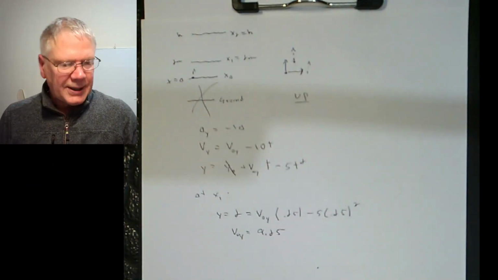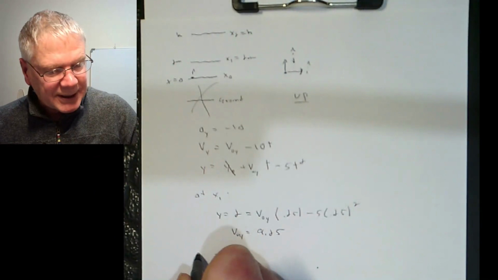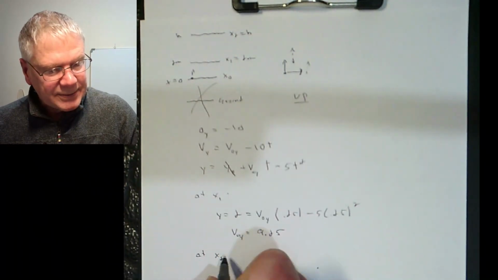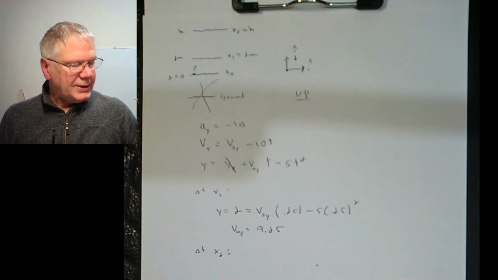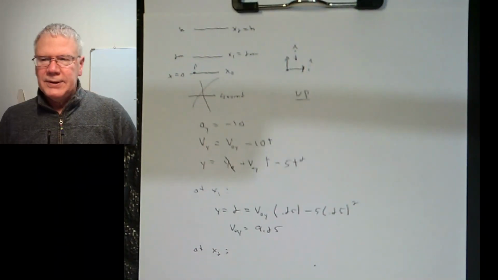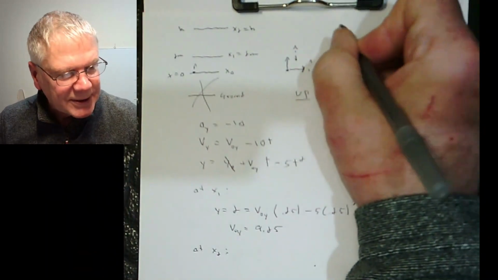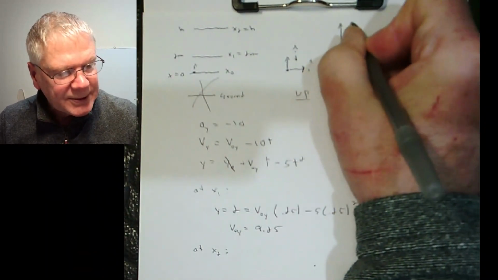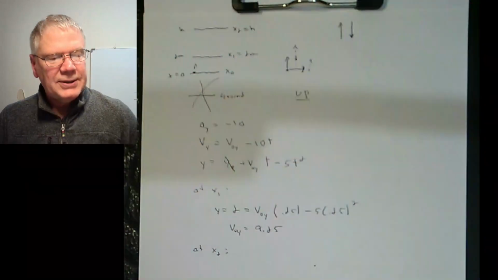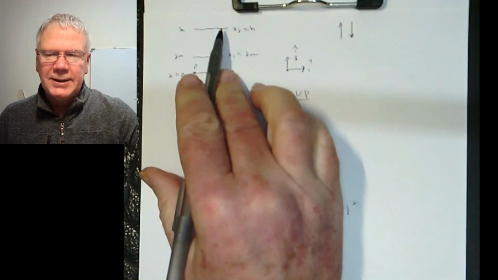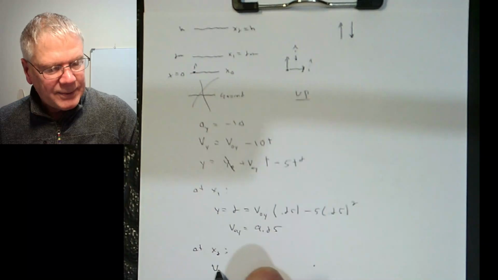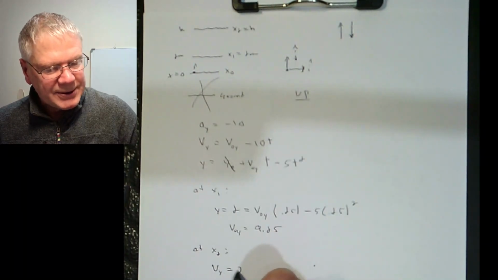And we can use that to look at what happens at x2. Now at x2, we have to use what's going to happen to the velocity. It's coming up and it's turning direction. So for a moment at that height, vy is equal to 0.